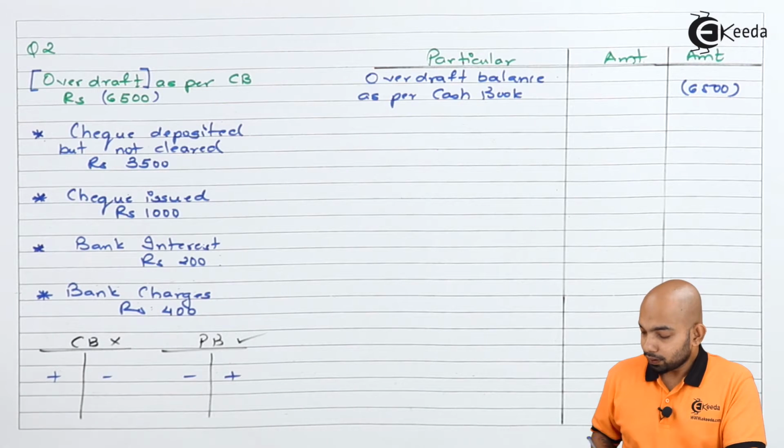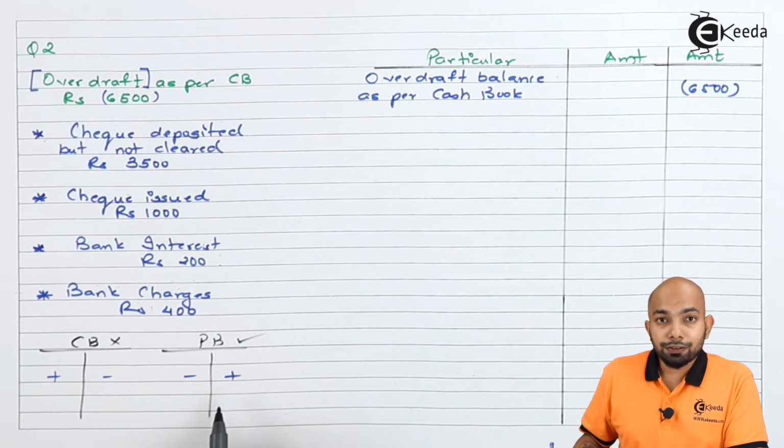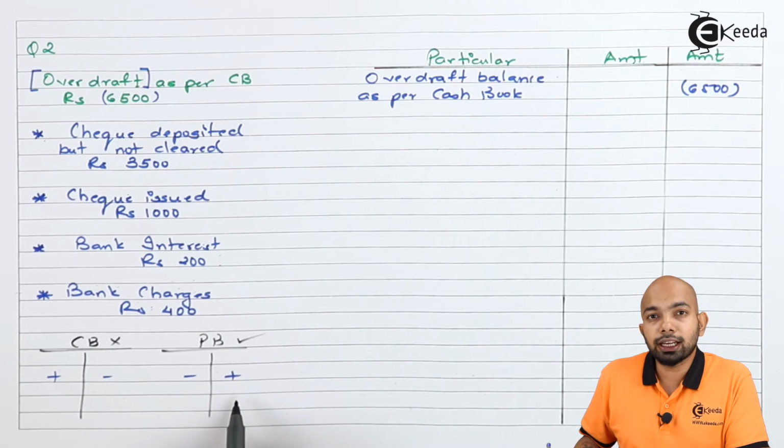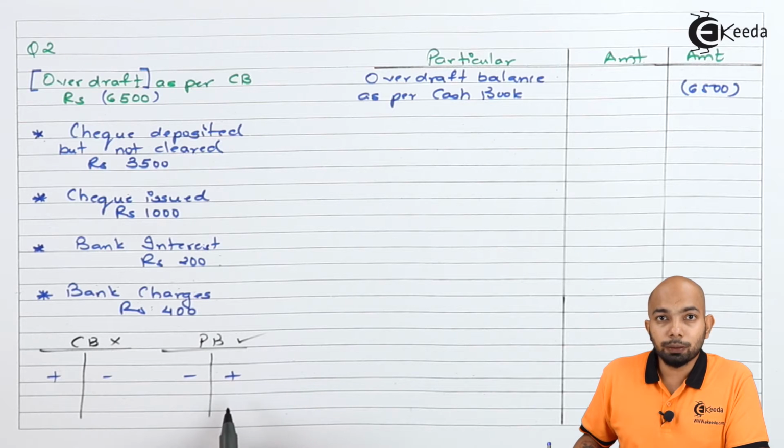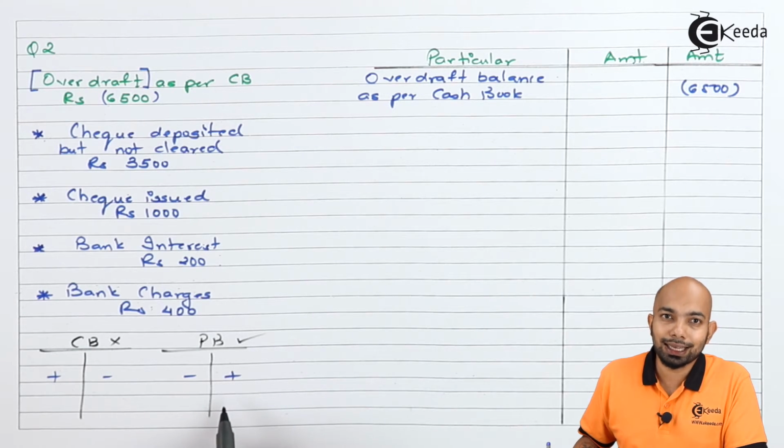If a check has been deposited, it shows on the debit side of the cash book and on the credit side of the passbook. Whether the passbook is debited or credited is decided as per the transaction in the cash book. For this specific transaction, we have the cash book being debited and the passbook being credited. So since the transaction has already been made in the cash book, we need to understand how the transaction will take place in the passbook.